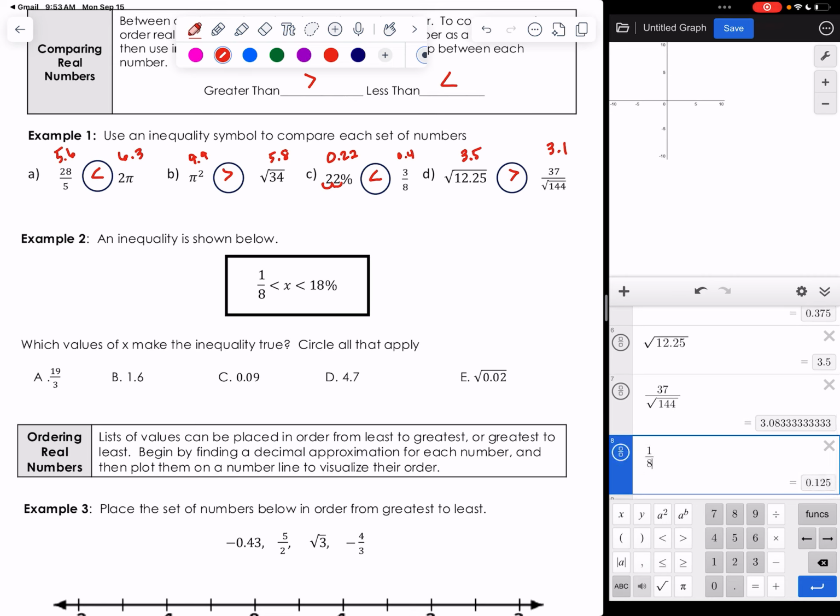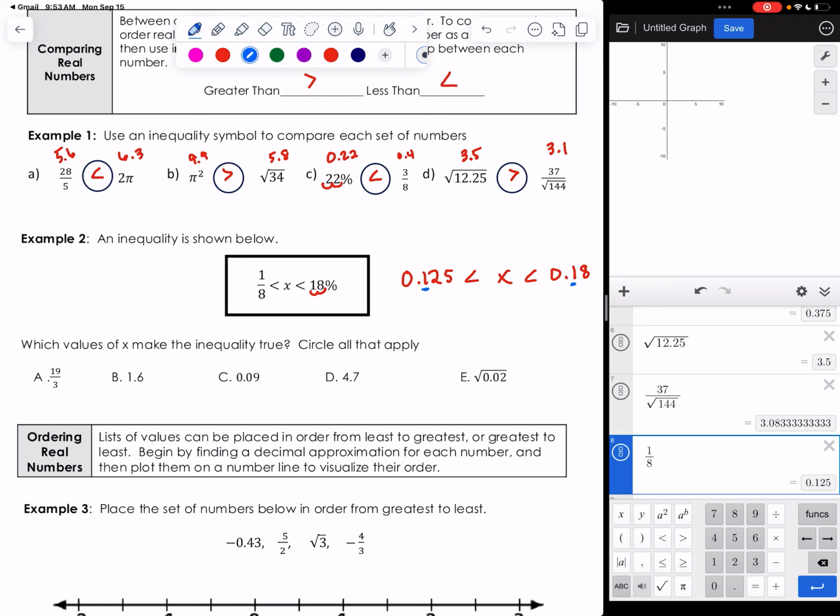So that would be 0.125 is less than some number, which is less than, and we said for a percentage, move the decimal 2 places to the left, so that would be 0.18. Notice they both start with 0.1s. So our answer has to be in between these two numbers.